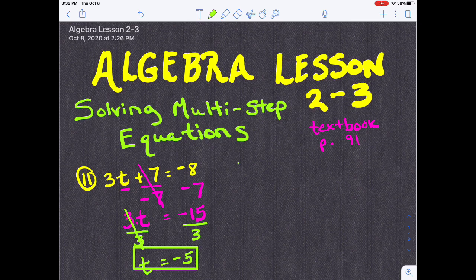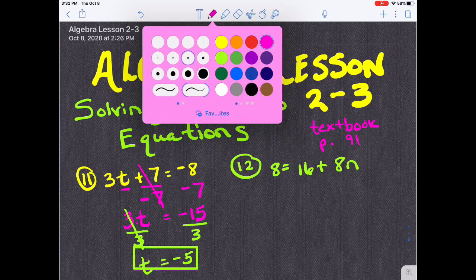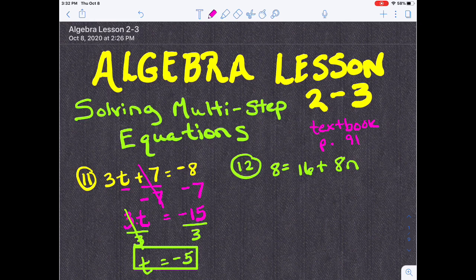All right, number 12. 8 equals 16 plus 8n. Again, when we look at this equation, I want to look farther away from the variable n and take care of the 16 that's out here, as that's called a constant, a number that doesn't have a variable.